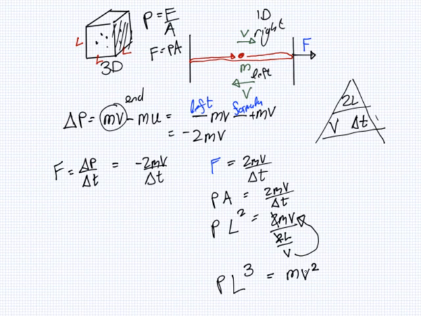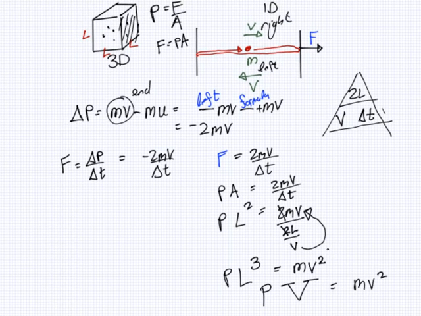Now it's getting interesting. What's this L cubed? Volume. Now, I shouldn't have used the letter V, so I'll write my volume like this, fancy V. Equals mv squared. Okay, I will pause for a moment to make sure everybody has everything down here before continuing with the proof.